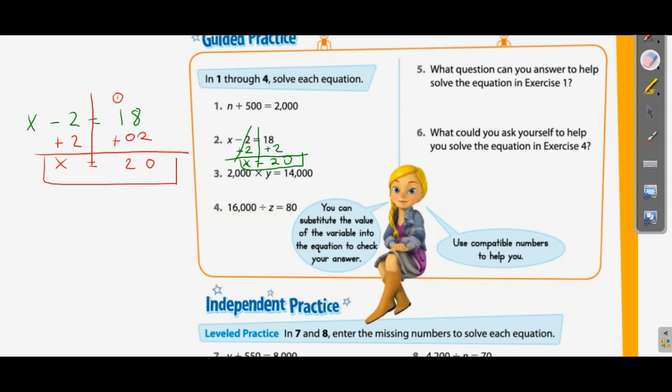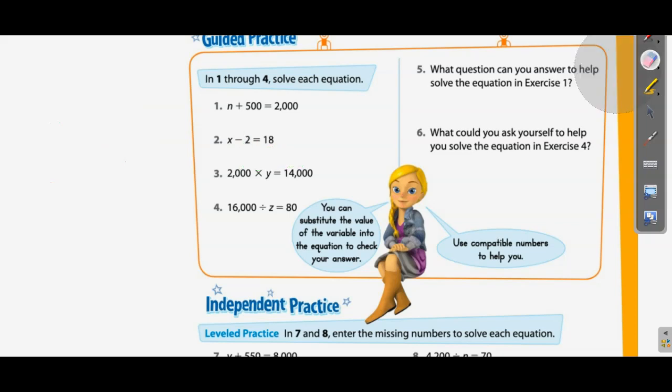Now over here for number 3, we have 2000 times y equals 14,000. So then from here, I'm going to draw a little bar over the equal sign.